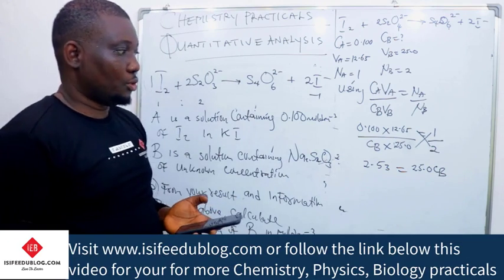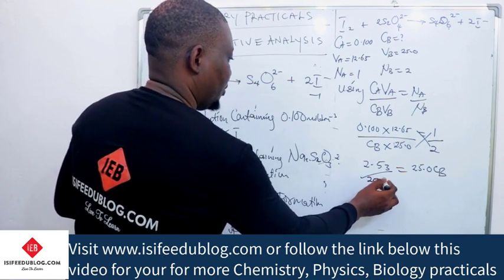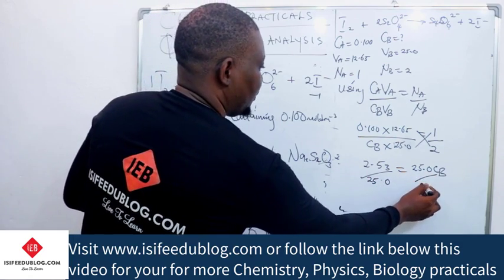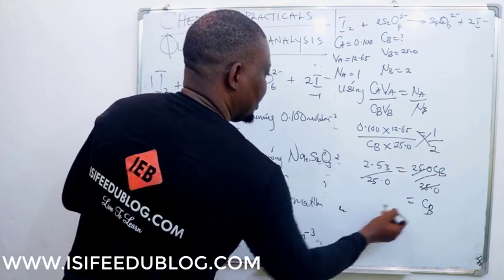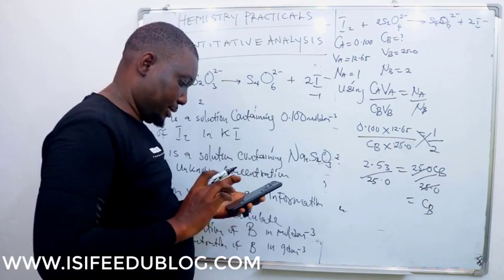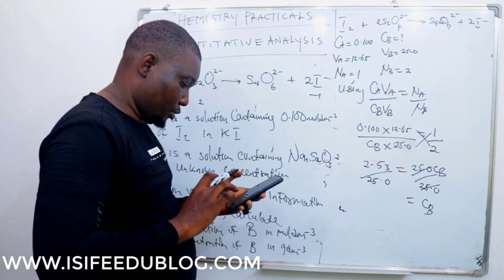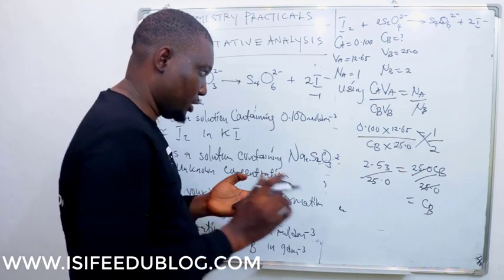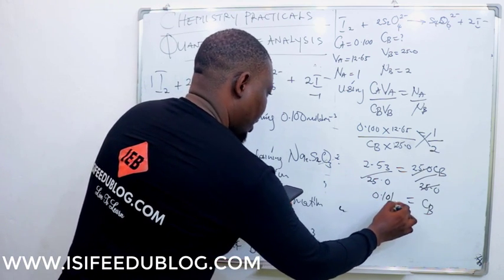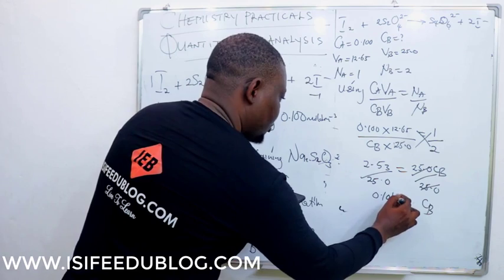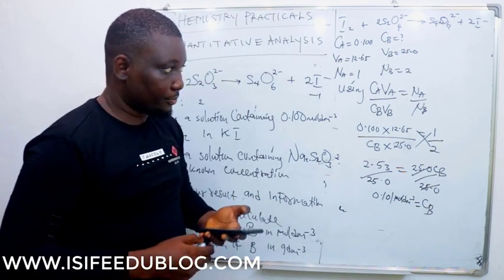Okay, so what we do, we divide both sides by 25.0. Here we have 25.0, and this cancels this. So here we have CB now equals this divided by 25, which gives me CB is 0.101. Please, the unit is very important: mole per dm³. That's my CB.